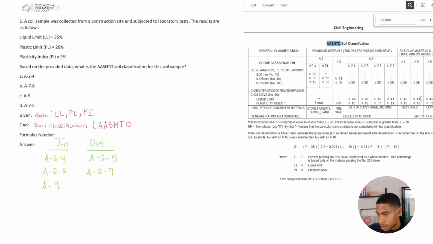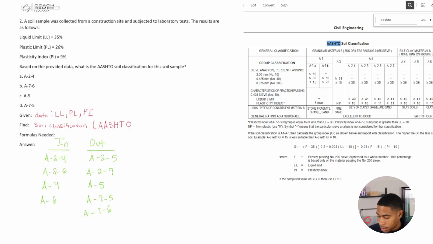What about A-5? Nope. A-6. All right, so based on the ones that are out, let's look at our answer choices and see if we can cross some out now. You want to spend the least amount of time as possible on these.